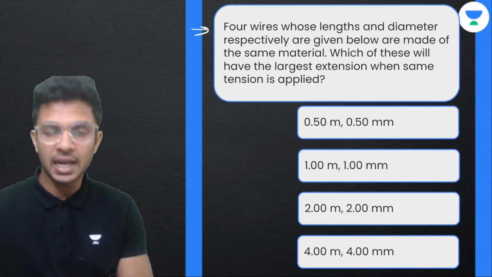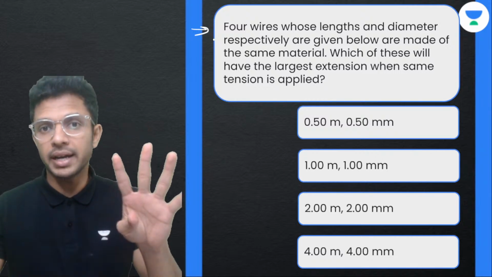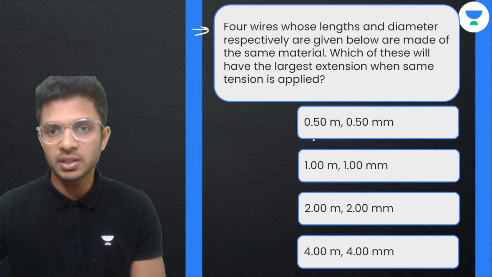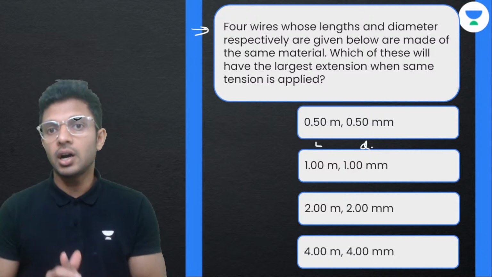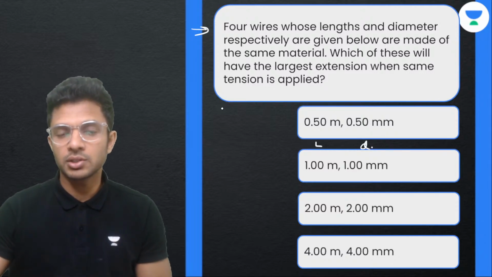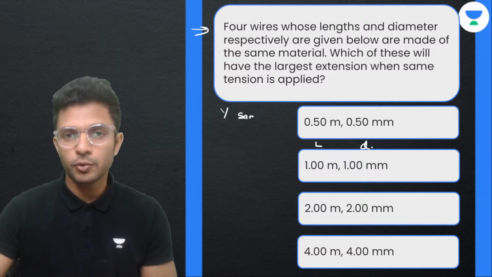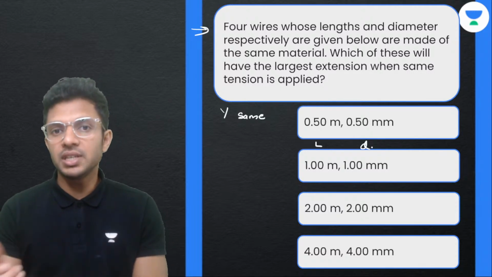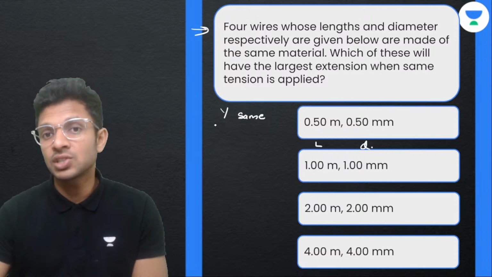Okay, I'll explain. We have four wires whose length and diameter, the first term corresponding to the length and the second term corresponding to diameter, are given below, of the same material. Since the material is the same, Young's modulus is the same. Y is the same for all four wires of these different dimensions. Which of these will have the greatest extension?